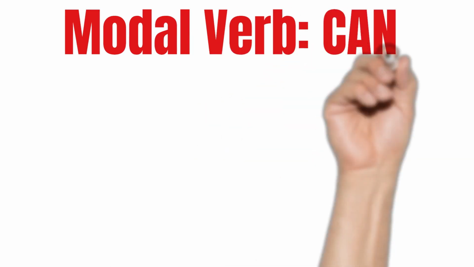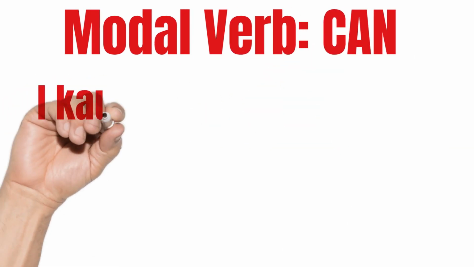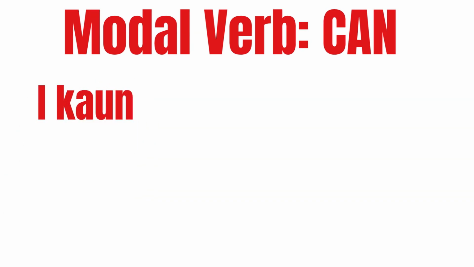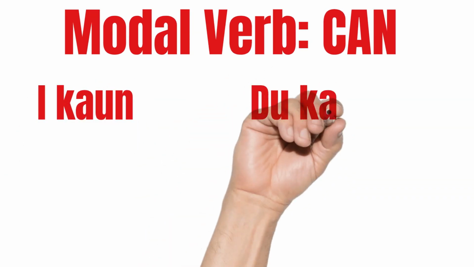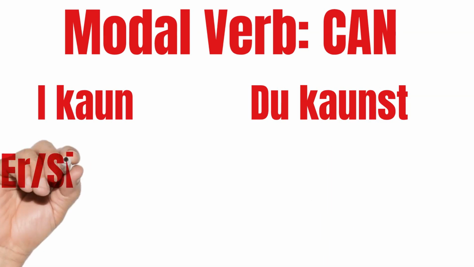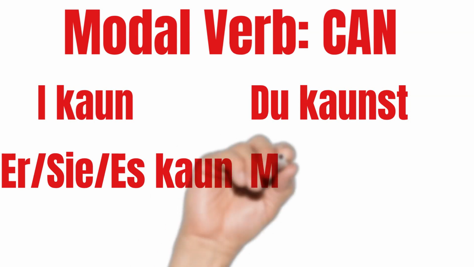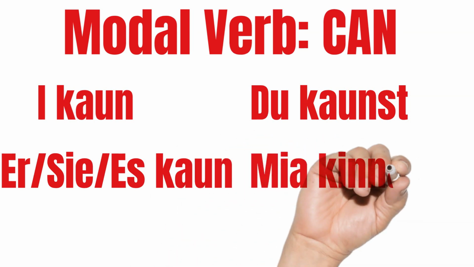Now let's take a look at the usage of können or kinna. Ich kann, I can. Du kannst, you can. Er, sie, es kann. He, she, it can. Wir können, we can.